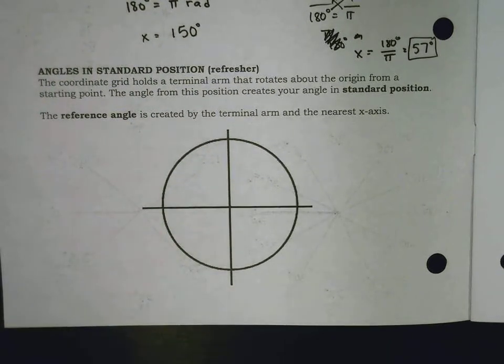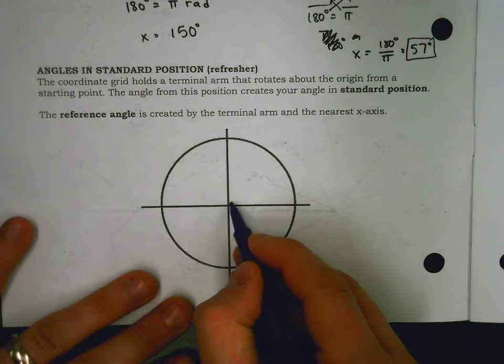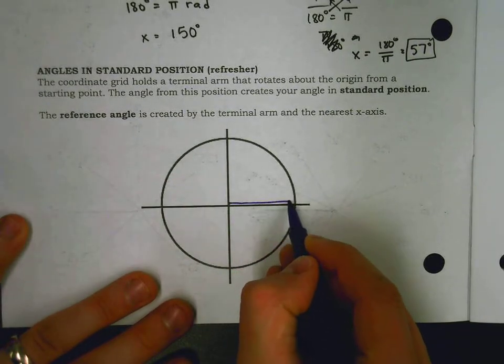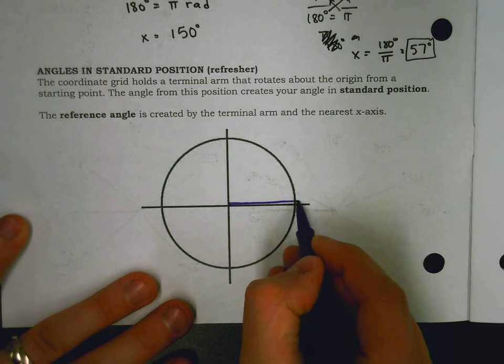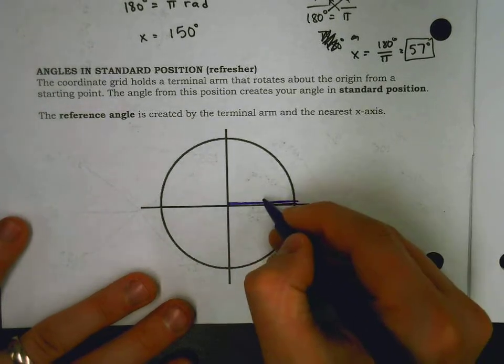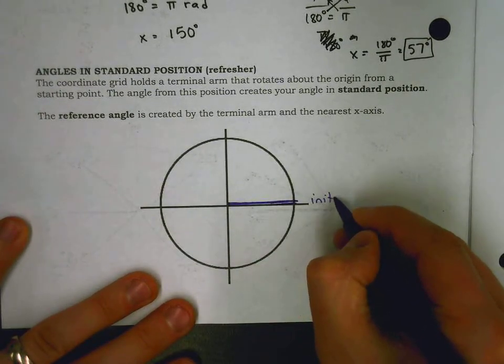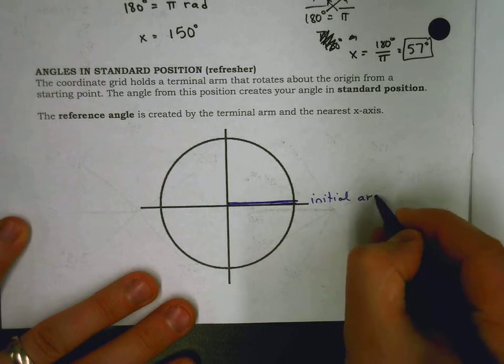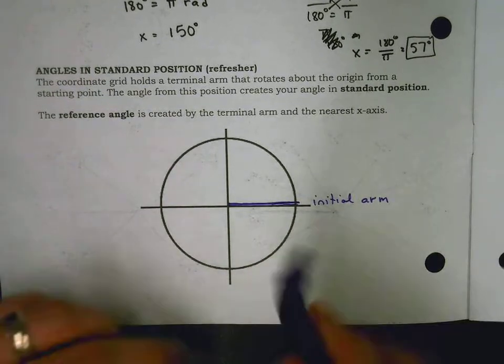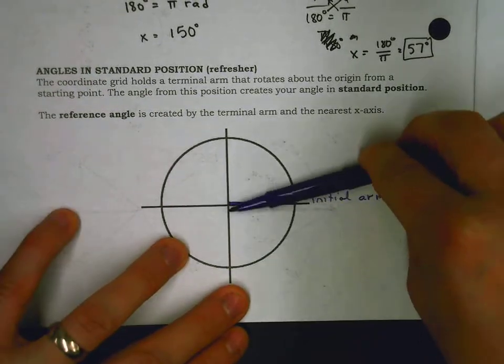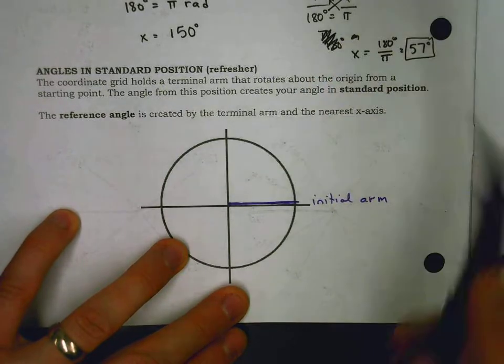So as a bit of a refresher of last year's angles in standard position, you talked about this structure where there's an initial arm that sits on the positive x-axis, and we call this again the initial arm. We'll label this. Now what happened is, from this initial arm, you had an arm that rotates around, and this stopped somewhere.